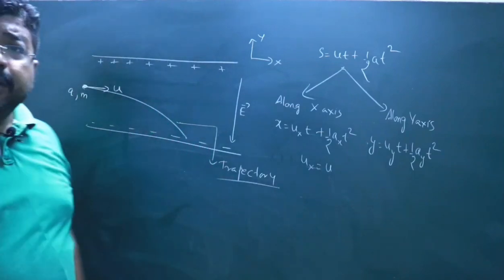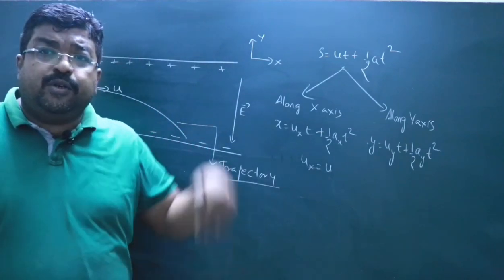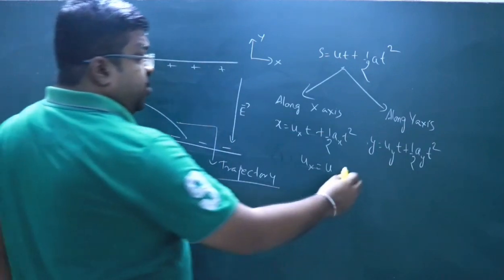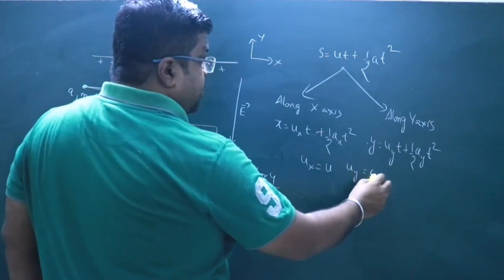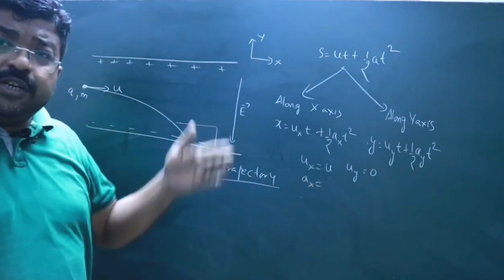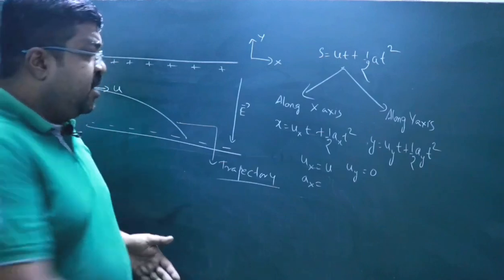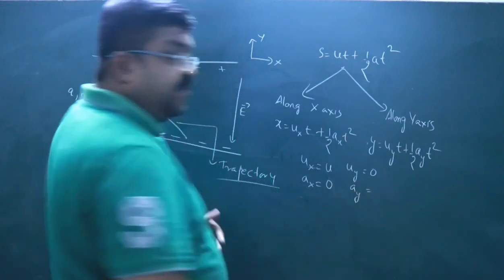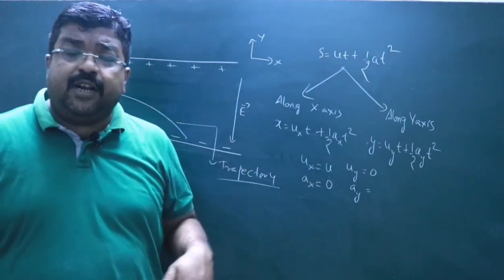The initial velocity along the vertical direction will be 0, so uy is 0. There is no force along the horizontal direction, so ax will be 0, and ay is the acceleration along the vertical direction.